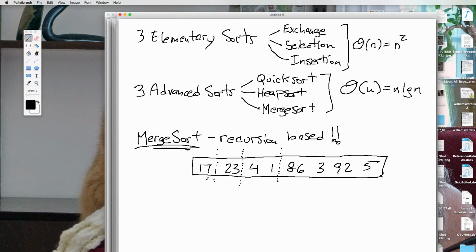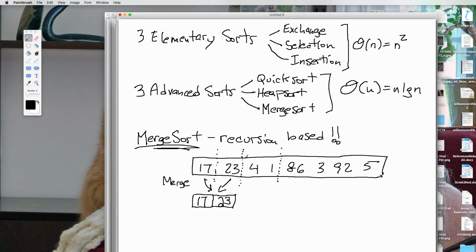So what I'm going to do now is merge them. At this point, there's nothing much to do, seeing that they are already sorted. But I'll find the smaller one of these two and put it over here, and then I'll find the larger of these two and put it over here.